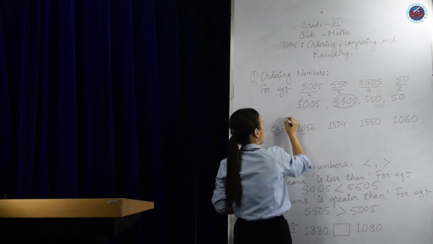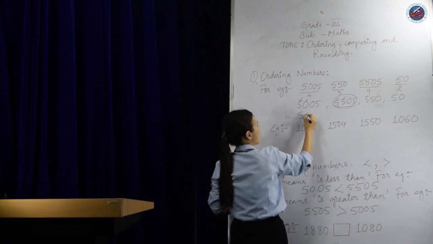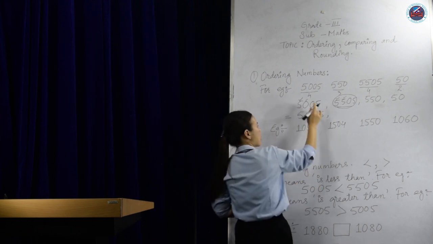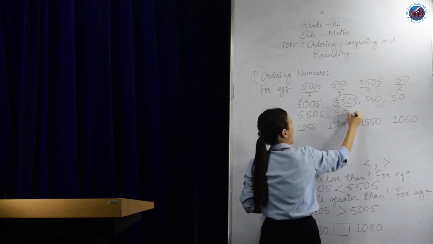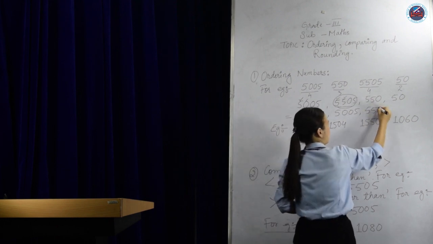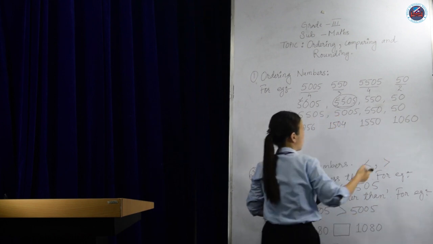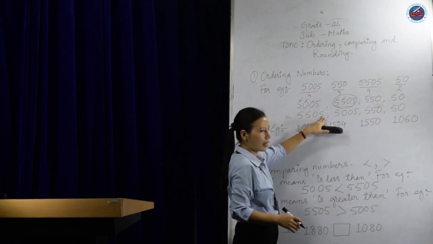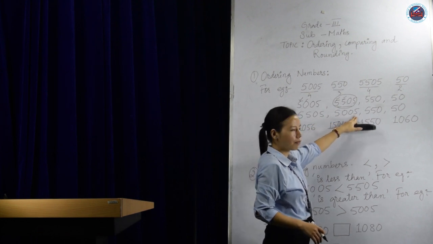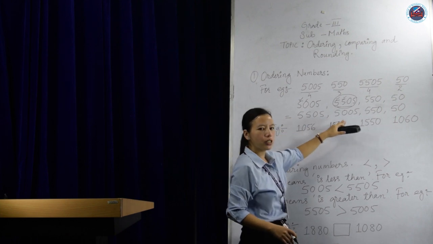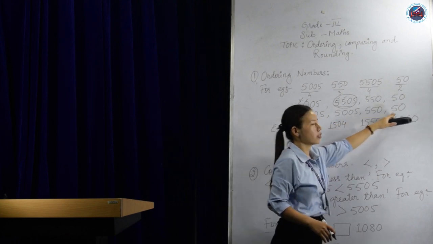So we write 5,505 first, and then comes the second, 5,005, and then the 3-digit number and last the 2-digit number. So we have 5,505, 5,005, 550 and 50. That's how we arrange numbers from the greatest to the smallest.